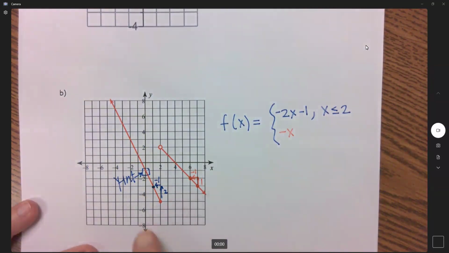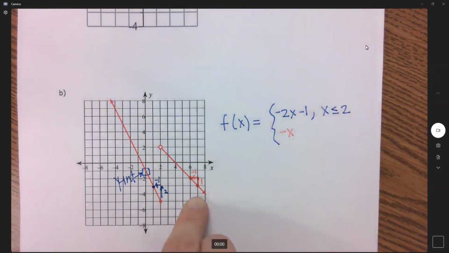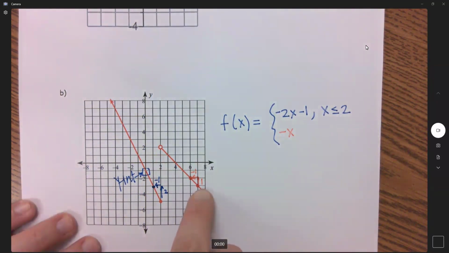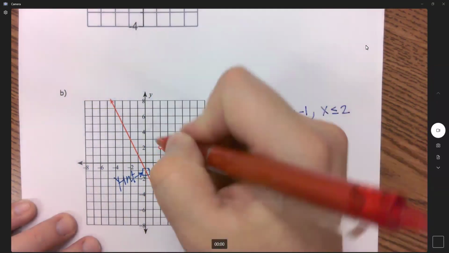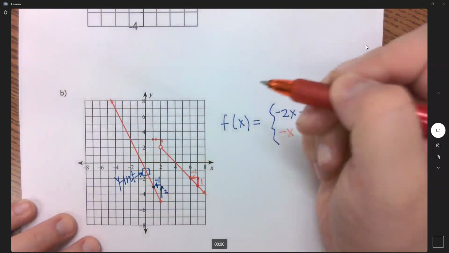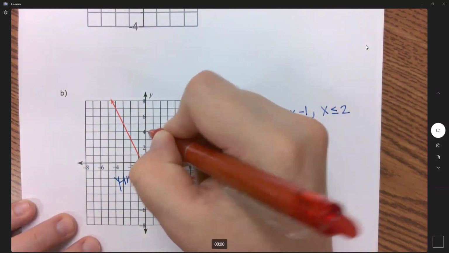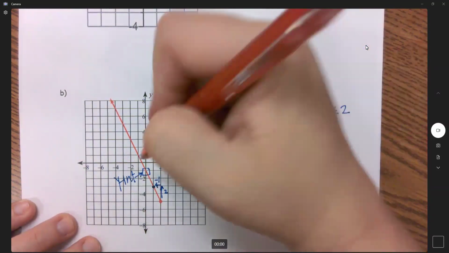Now, even though I can't see a y-intercept, I have to know where it would have been if my line's domain wasn't restricted. So if my slope is 1 over -1, if I keep going up 1 over 1, here's the next point. Up 1 over 1, here's the next point.